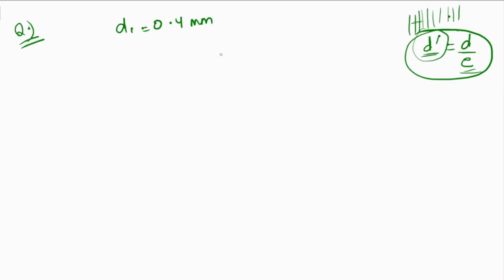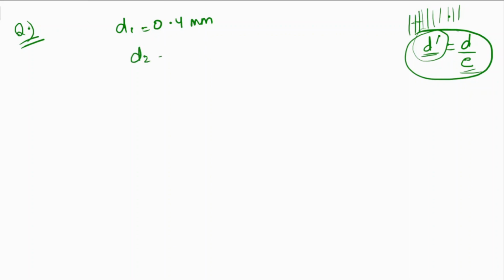So here, D1 is 0.4 mm, D2 is 0.6 mm, and spacing is given.